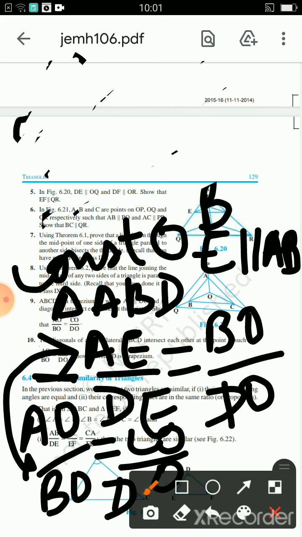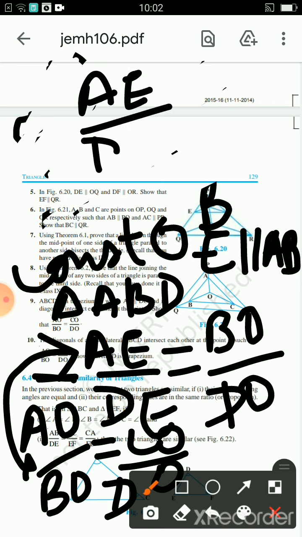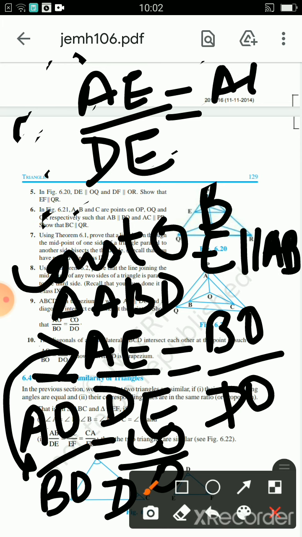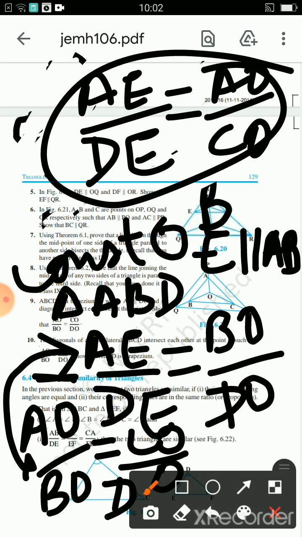you can get AE upon DE is equal to AO upon CO. So when you get this result, what you get?